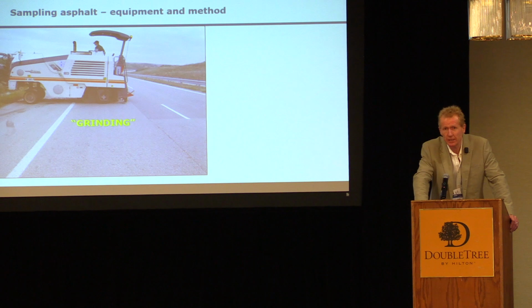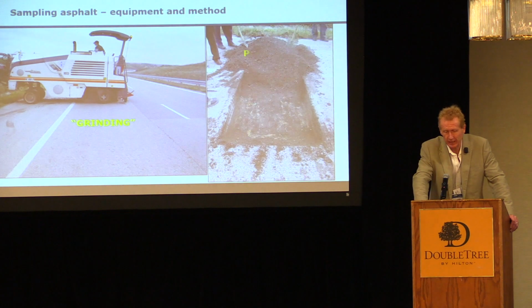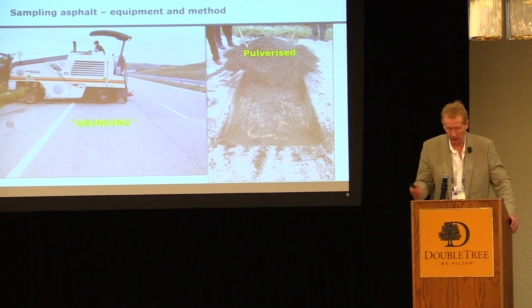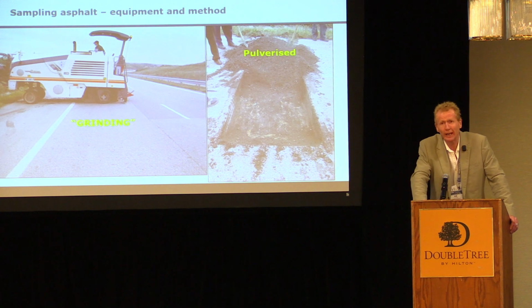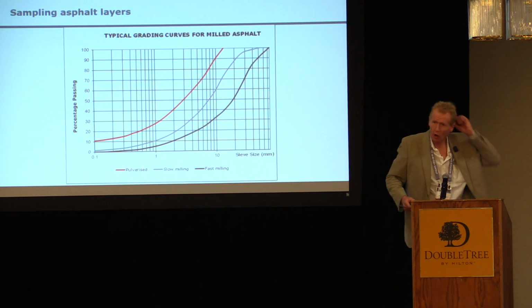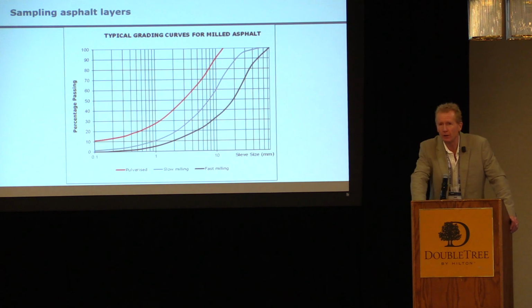With small milling machines, be careful, especially doing things like grinding, which is where you move very slowly with a small milling machine, and also, as I said, depending on the pick configuration, one can generate a very fine grading of RAP, which is unrepresentative.